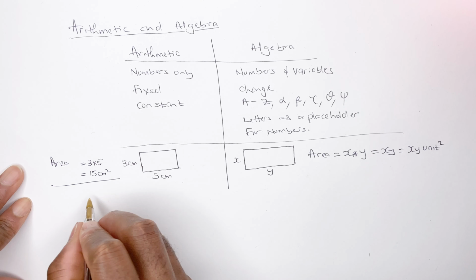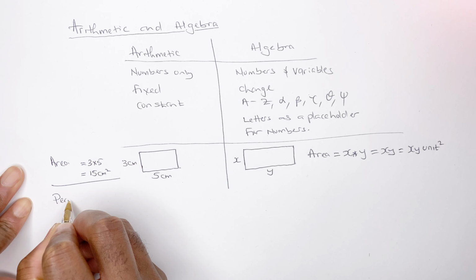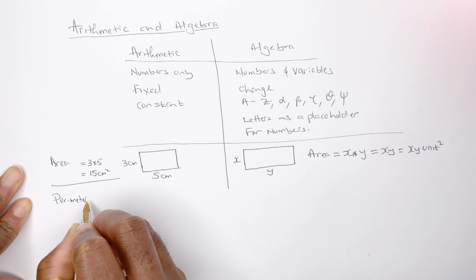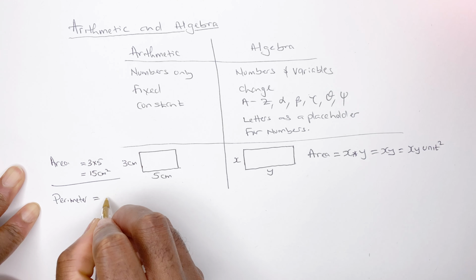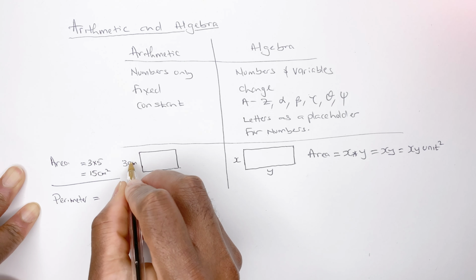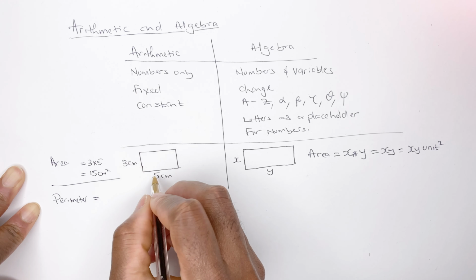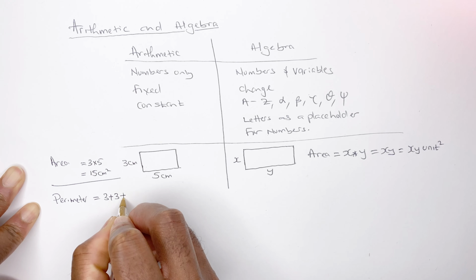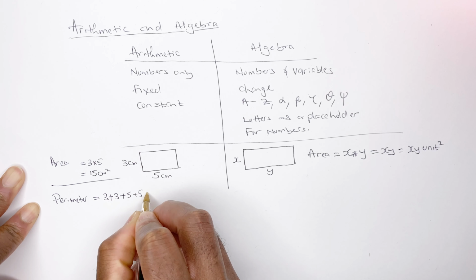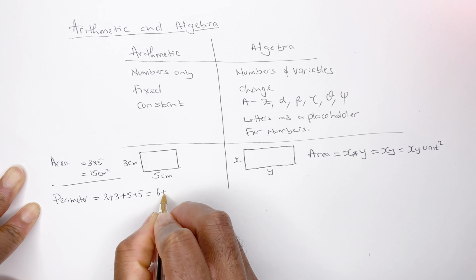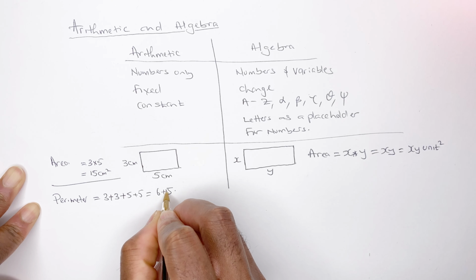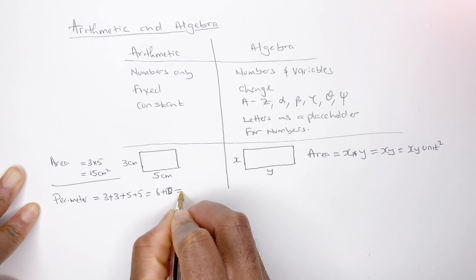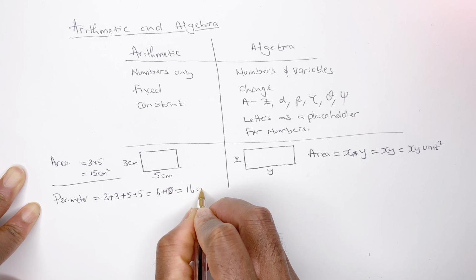And to find the perimeter, we add in all the 4 sides together. So that would be 3 plus 3 plus 5 plus 5, which is 6 plus 10, which equals 16 centimeters.